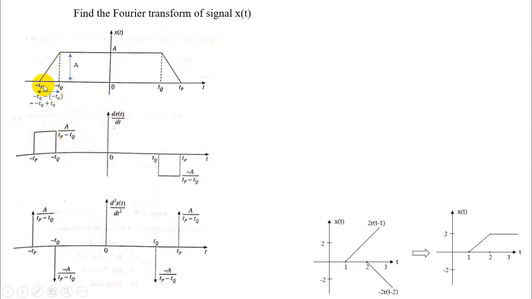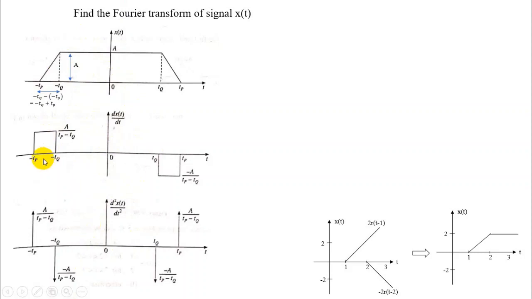The magnitude would be the slope of this portion. The magnitude of this portion is here, and the magnitude of this portion is like that. So the slope would be the magnitude A divided by tp minus tq, and after differentiating, this signal will be achieved, and finally the derivative of that signal would be that.